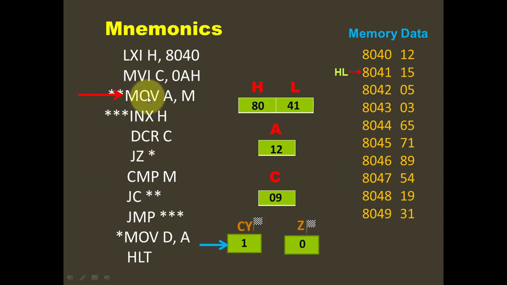So double star is this MOV A, M. Our strategy is that we store the larger data byte in register A, so this is what we do. This 15 gets stored in register A, so A becomes 15. Now we go to the next memory pointer by INX H, so HL becomes 8042.